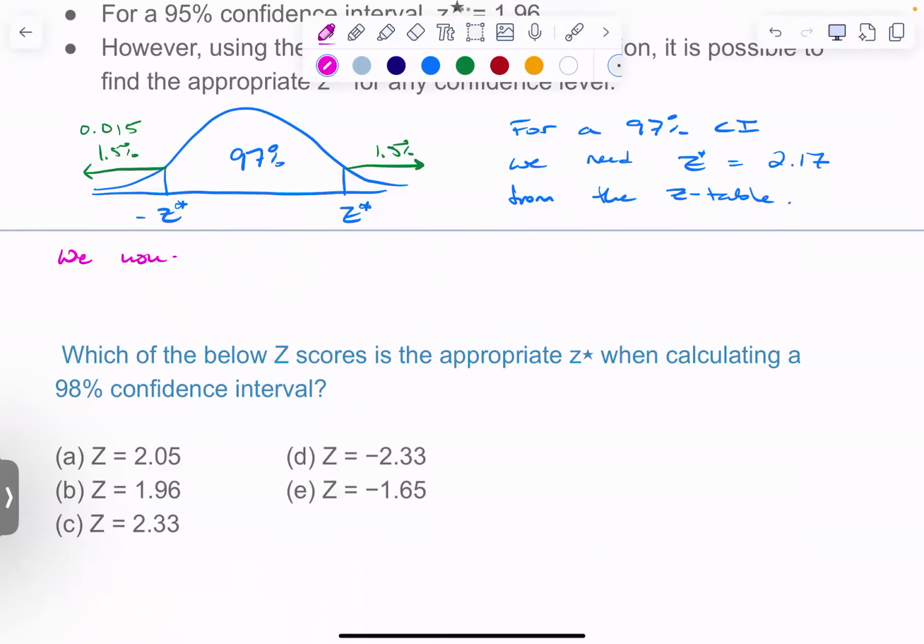We usually use the T table instead to find Z star.